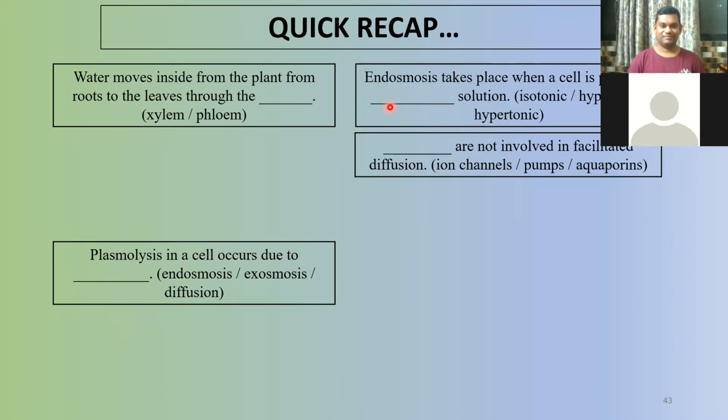Endosmosis takes place when a cell is placed in dash solution. Isotonic, hypotonic, hypertonic. Hyper is that, hypo is this, and what comes in iso?